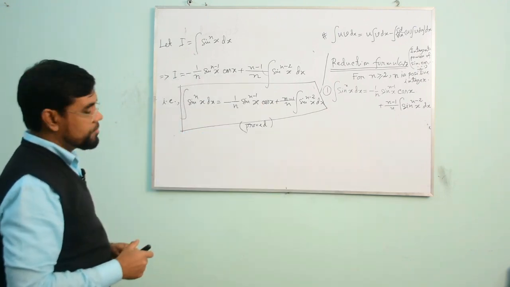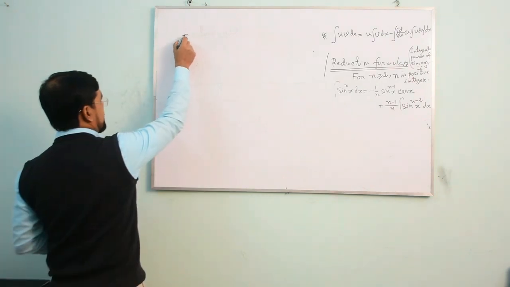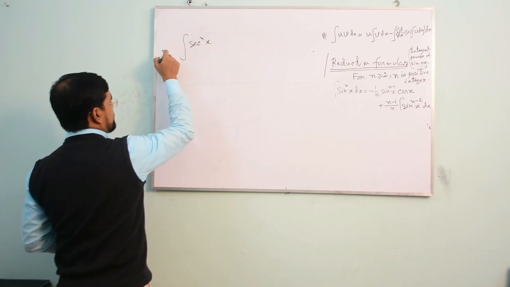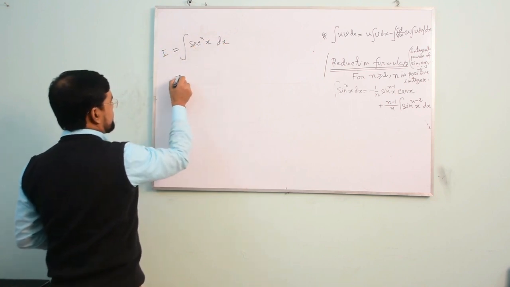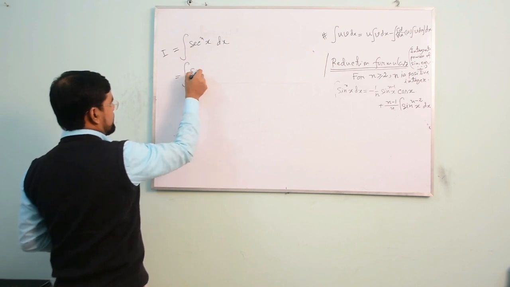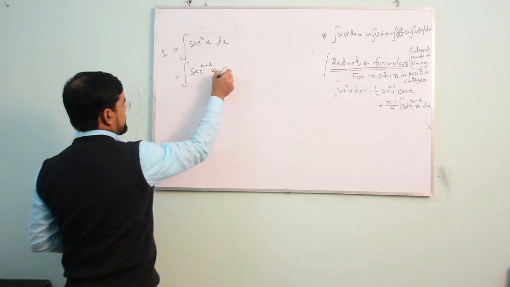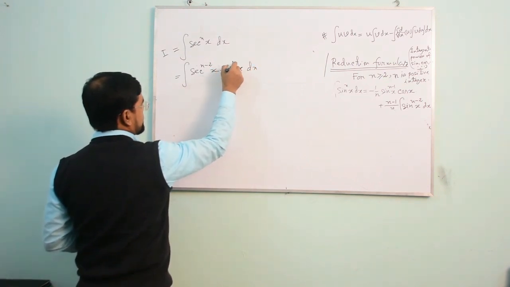And how about the third one? The third one is this one for sec^n x. So let's say integration of sec^n x equals sec^(n-2) x sec^2 x dx.